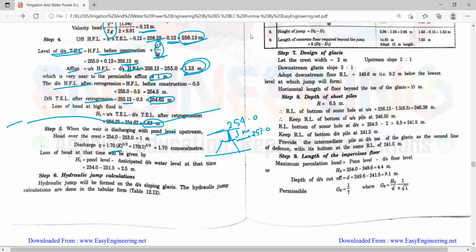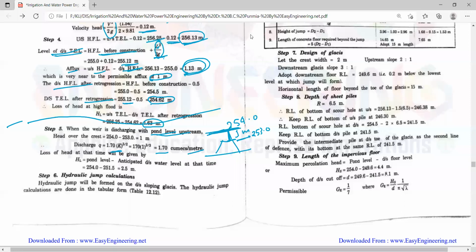If you consider the pond level, the water level is only up to here, so taking the discharge only up to this point, K value will be equal to 1. Okay, K value will be equal to 1. So then discharge will be 1.70 cumecs per meter. Discharge per unit length or unit width, so cumecs per unit meter. Okay, so you are getting the discharge here.